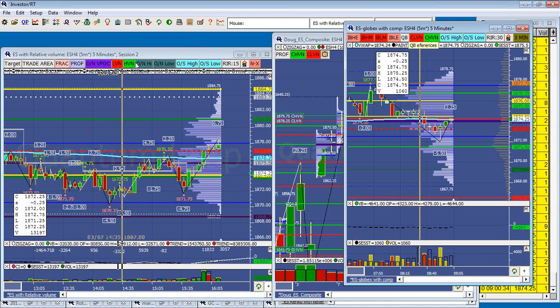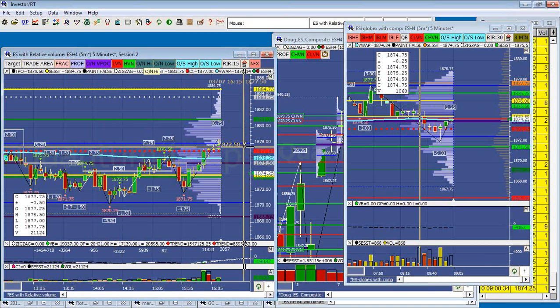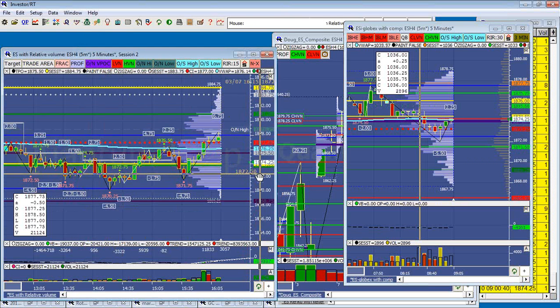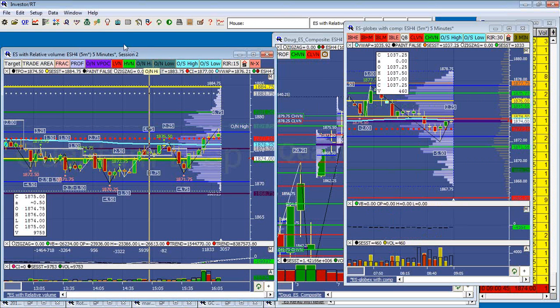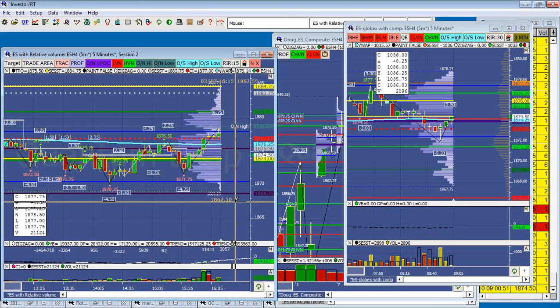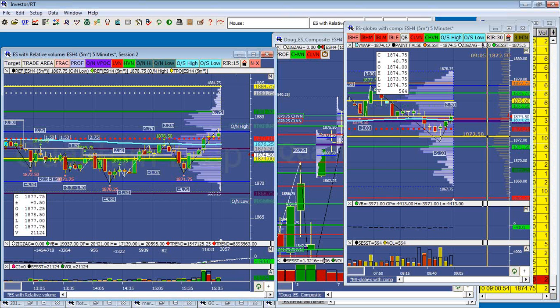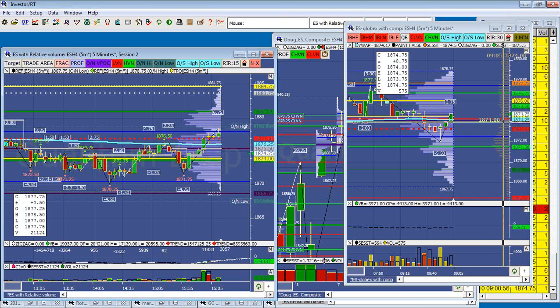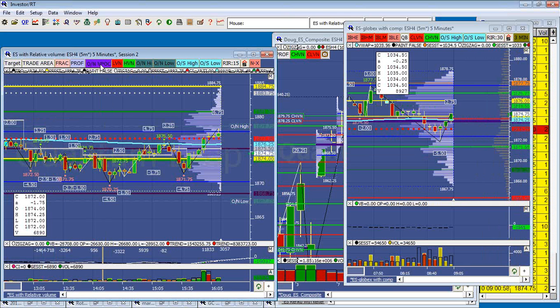Overnight we have our overnight high at 78.75, and then we have our overnight low down at 67.75. And we have our VPOC for overnight down at 74.